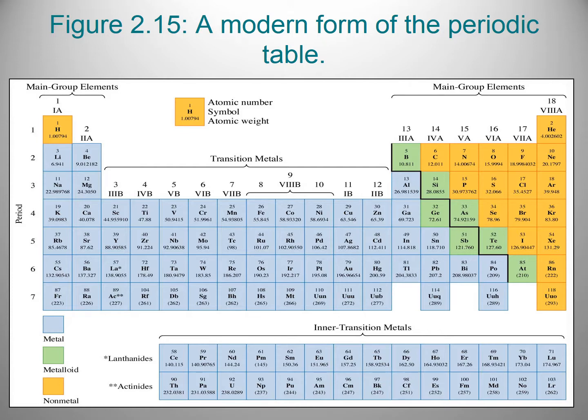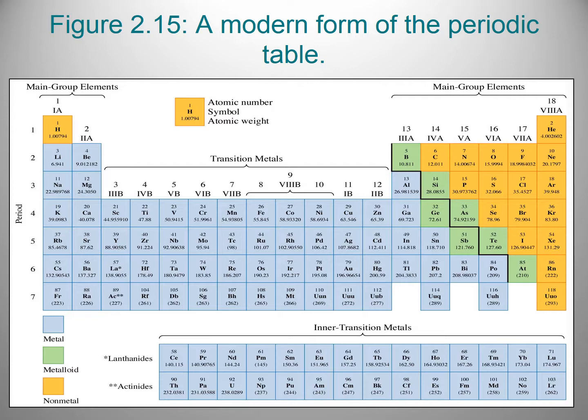So you can see that there's a sort of zigzag line starting at the top of column 13 under boron, and that dark zigzag line goes all the way to astatine, which is number 85. The metals are all to the left of that line, and the nonmetals are to the right of that line.